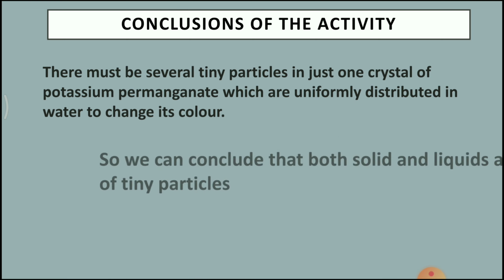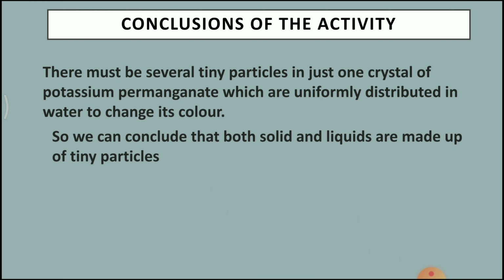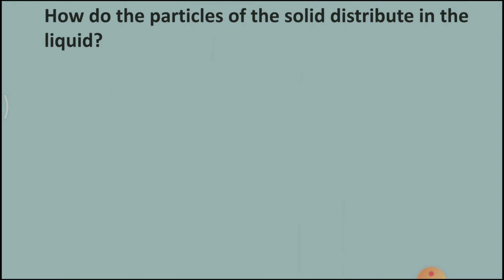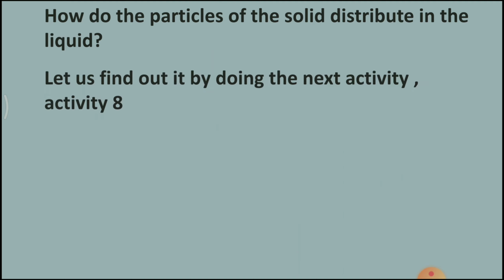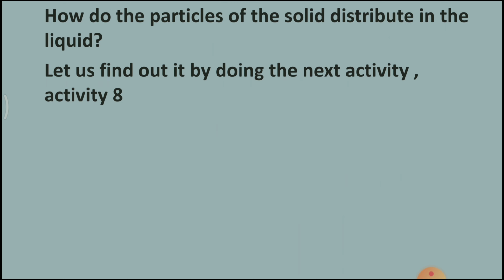And so we can conclude that both solids and liquids are made up of tiny particles. How do particles of the solids distribute in the liquid? Let us find out by doing the next activity.